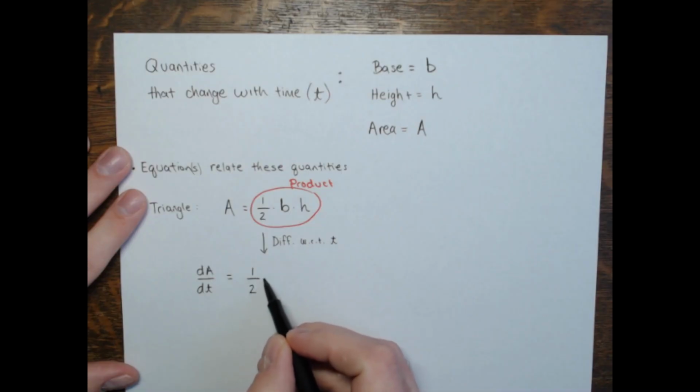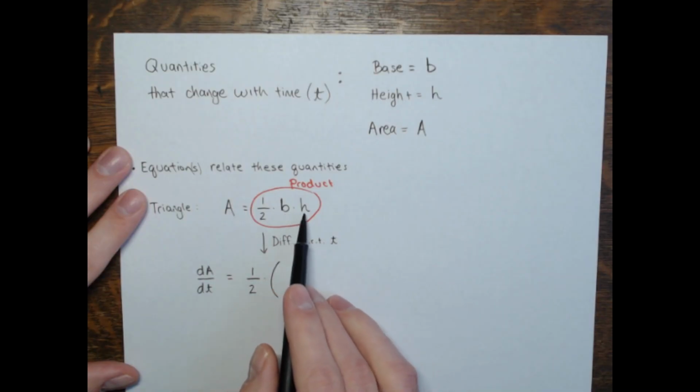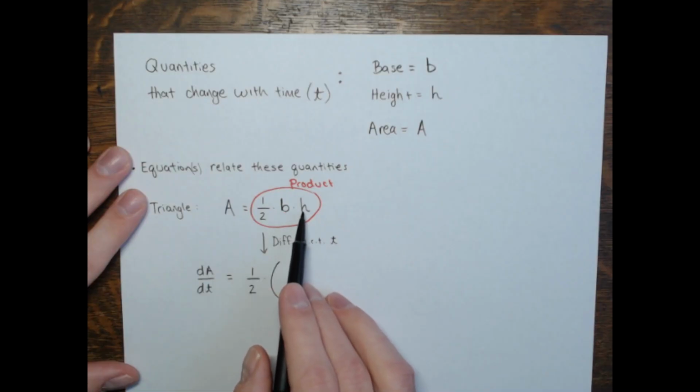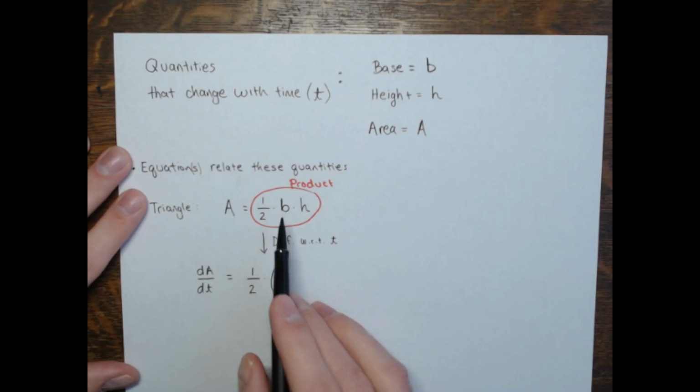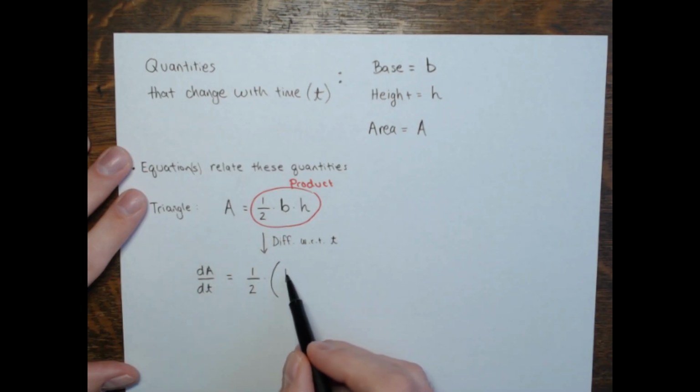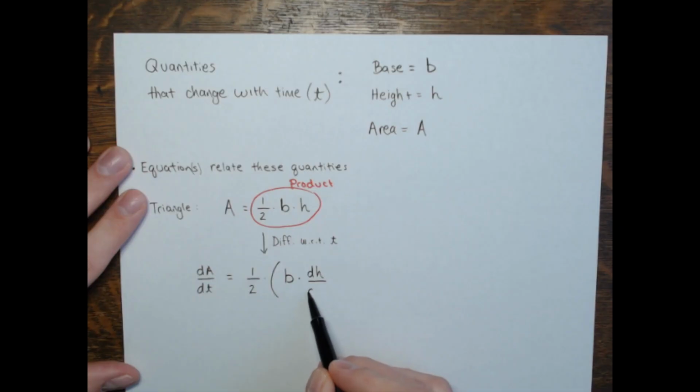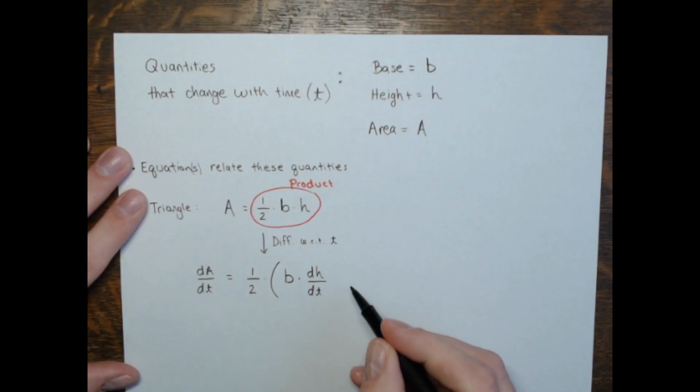Keep the half outside, coefficients stick around, and then just do the derivative of this b times h and apply the product rule there. So remember the product rule, I'll leave the b factor alone, times the derivative of h with respect to t, which again, dh over dt, or h prime of t.